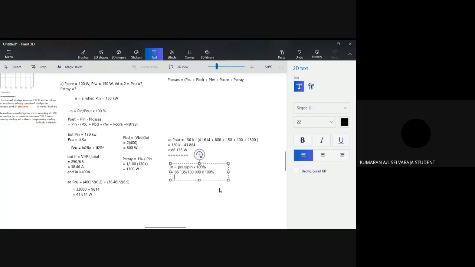Yang P losses saja saya dapat 43964. Sekejap tengok.